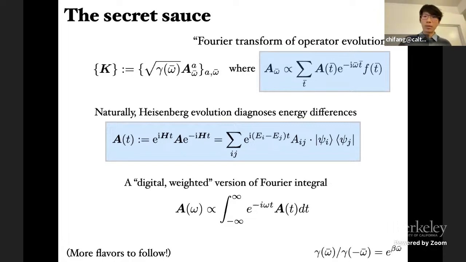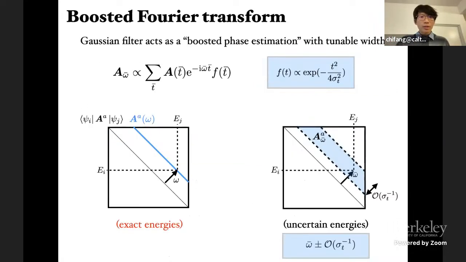Mathematically, you can think of it as some version of a Fourier integral, but now you do it discretely, and you also put some weight. So now let's unpack this secret sauce. What we're looking at here is really a boosted Fourier transform. Once you tune this function f correctly, it acts as a boosted phase estimation or boosted Fourier transform with a tunable accuracy.